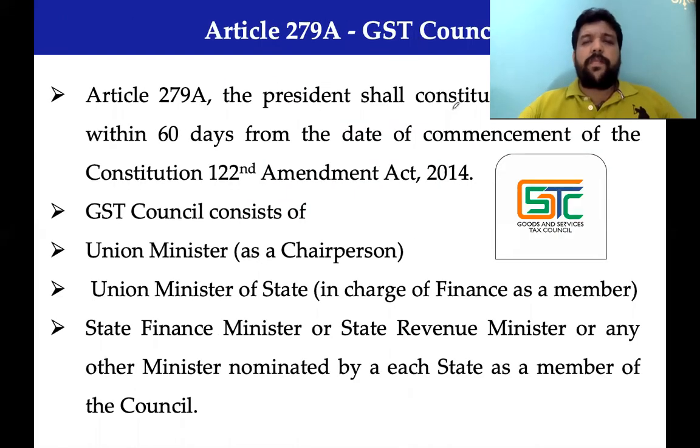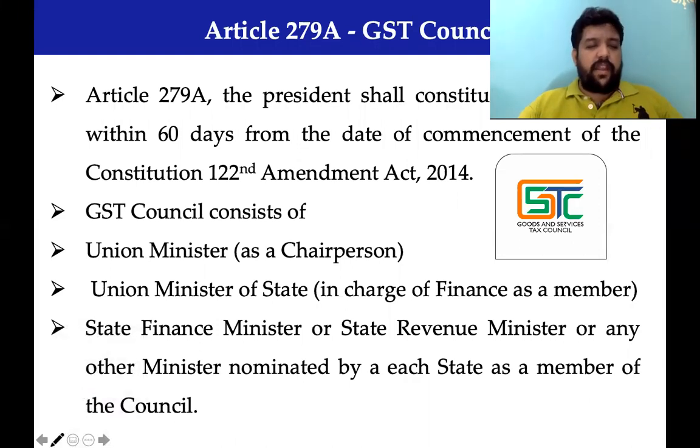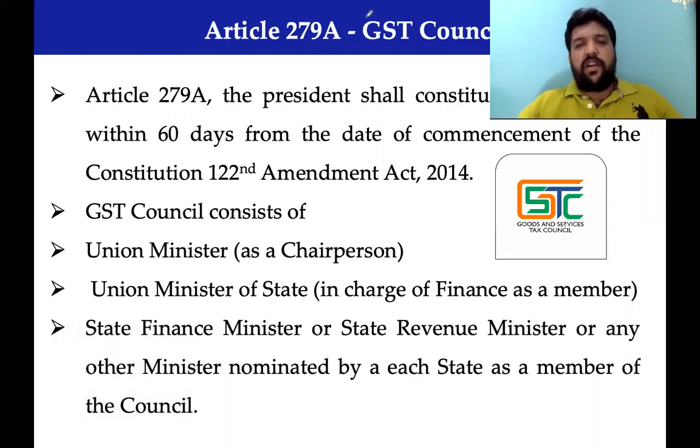Moving forward, getting into a new discussion, Article 279A. What do we mean by Article 279A? Article 279A discusses a council called the GST Council. What do we mean by GST Council?